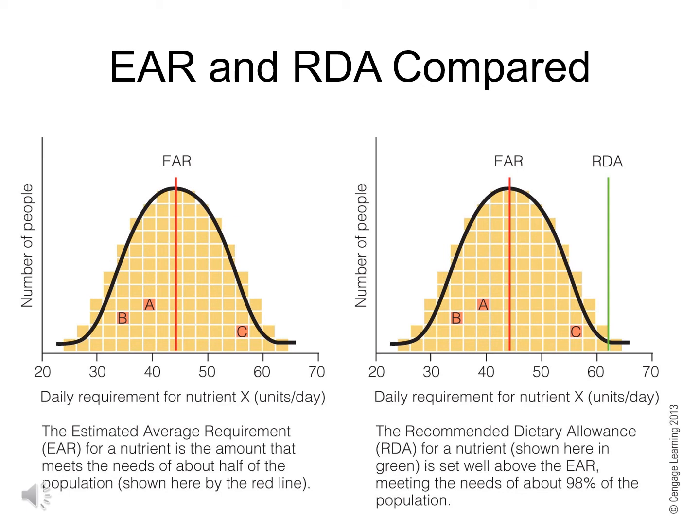With the RDA, however, the recommended dietary allowance, you'll see that it's set well above the estimated average requirement. It meets about 98% of the healthy population. So with the RDA, there's almost a little bit of an insurance policy built in that if you are consuming a nutrient that is meeting somewhere near the RDA, chances are you are getting adequate amounts.